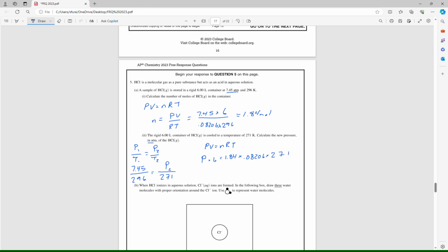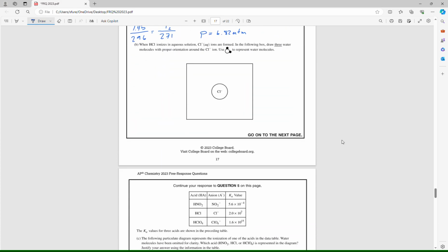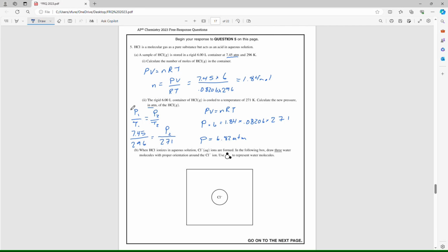So either way, you can solve it like this or like this. Either way, you're going to get an answer of 6.82 atm. So pick one, whatever works for you. You could use the Gay-Lussac law, or you could use, I forget which one this is. This might be Gay-Lussac's or Charles's or Boyle's. I don't know.